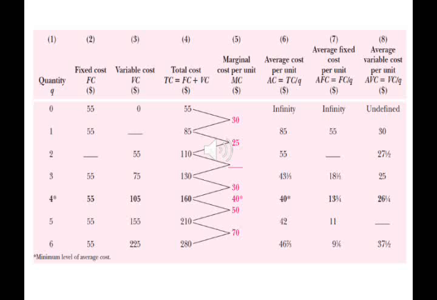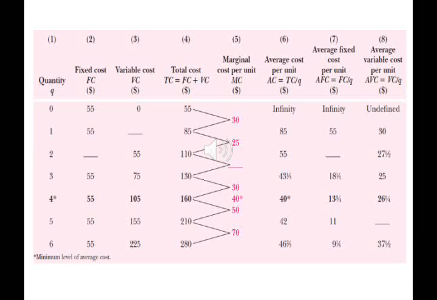Column number 7 is average fixed cost, because we agreed that since total cost is divided into fixed cost and variable cost, we can also break down the average cost into average fixed cost and average variable cost.